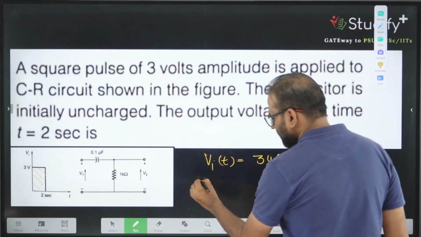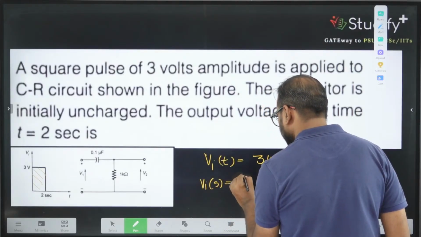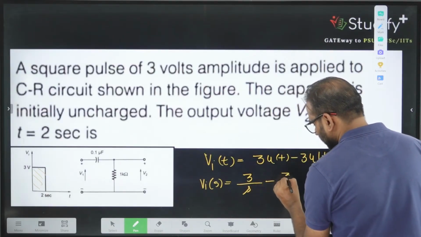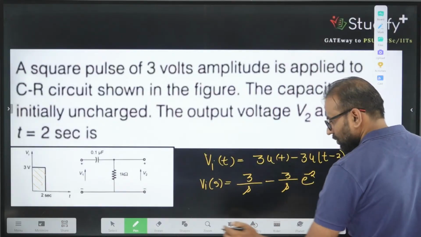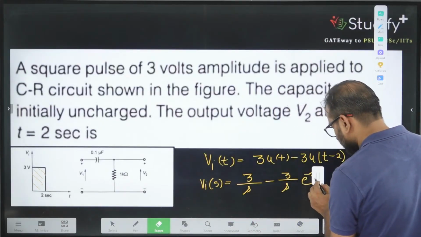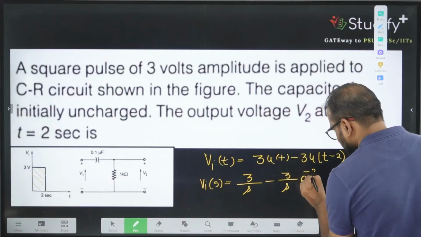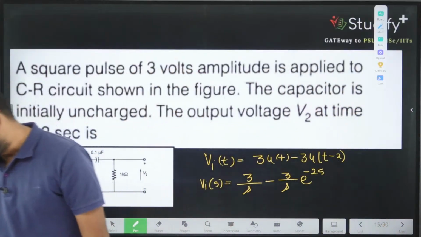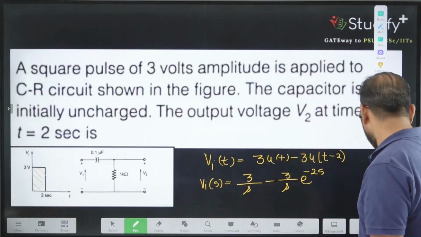And if I take the Laplace transform of this waveform, it will be 3 divided by S minus 3 divided by S into e to the power minus 2S. Correct? Now I will put this value in our equation.